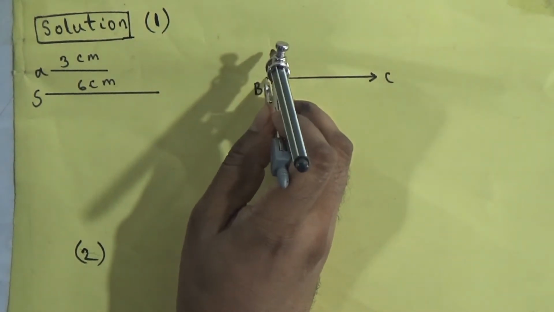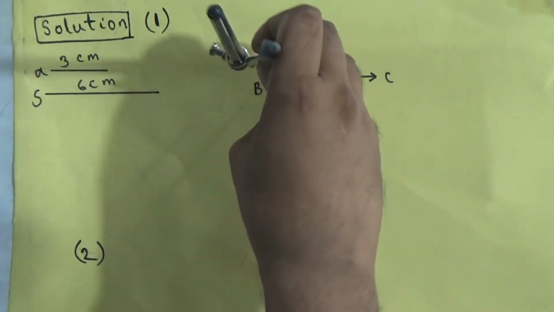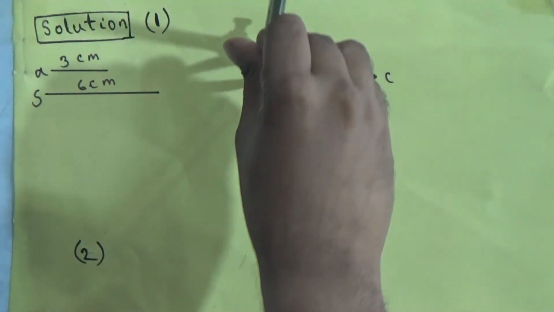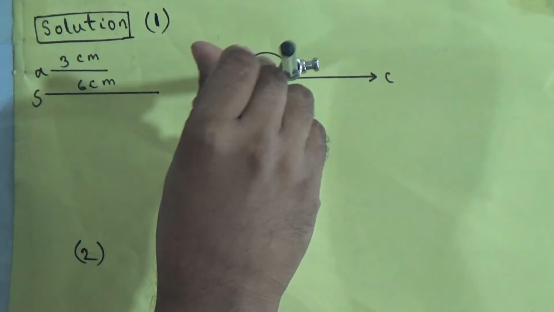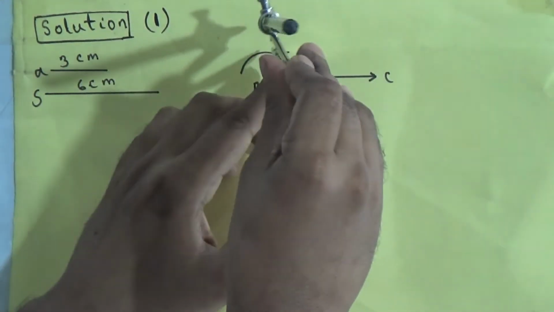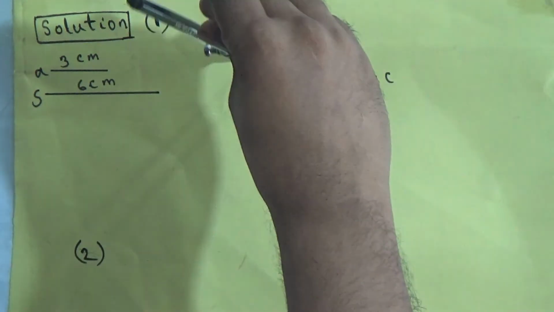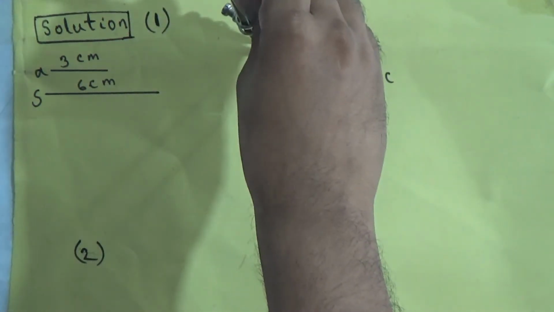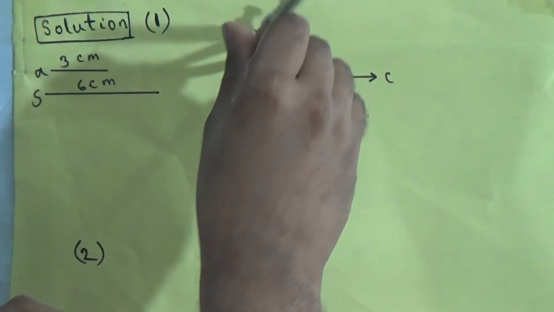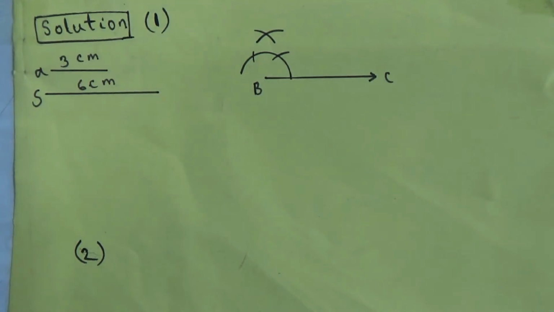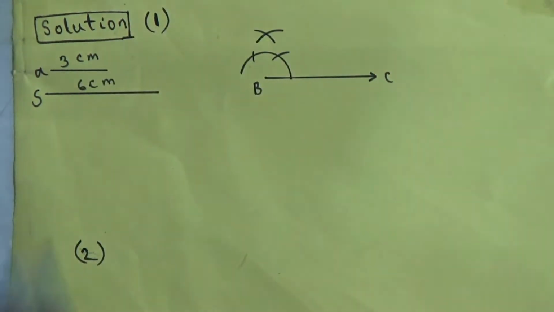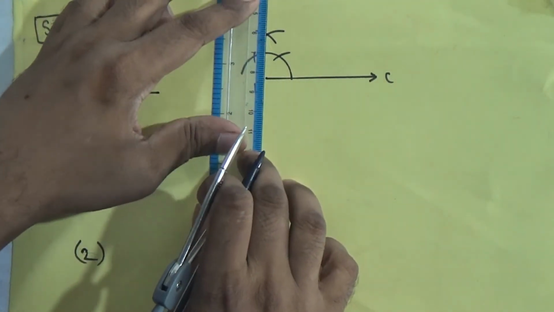How can we draw a perpendicular? At first, taking any radius, we will draw an arc here. Then keeping the same radius, we will draw another 2 arcs. One arc is here and another arc is here. Now again taking the same radius, we will draw one arc here and another arc here. If we join these 2 points, then we will get the perpendicular.